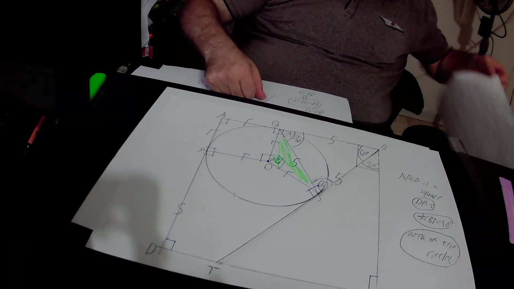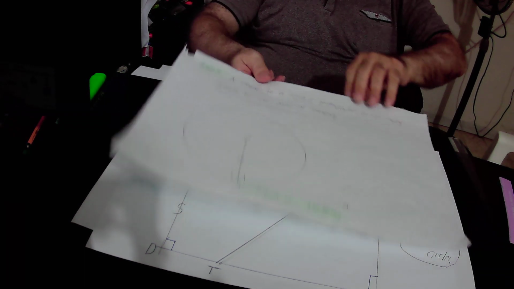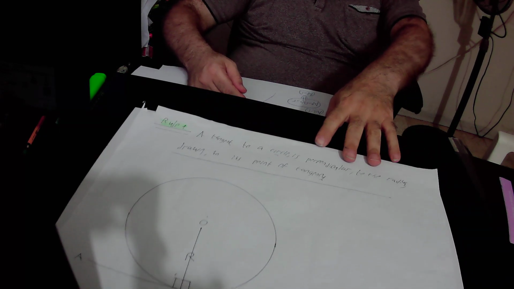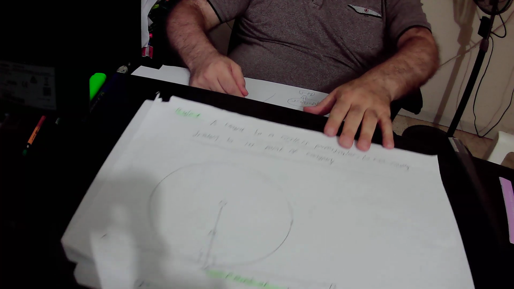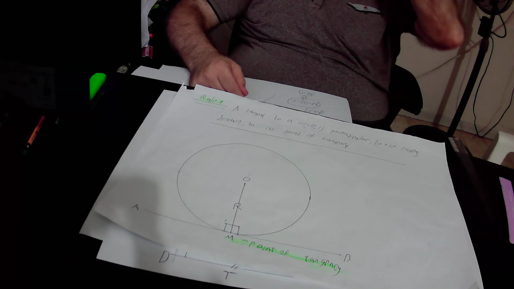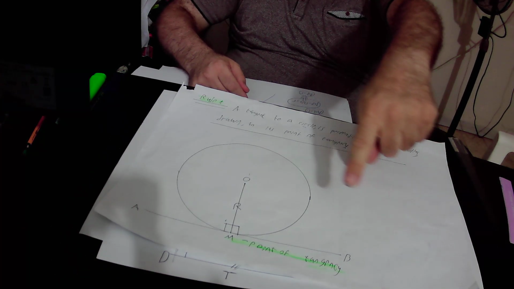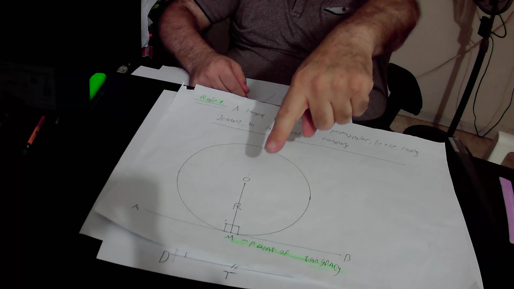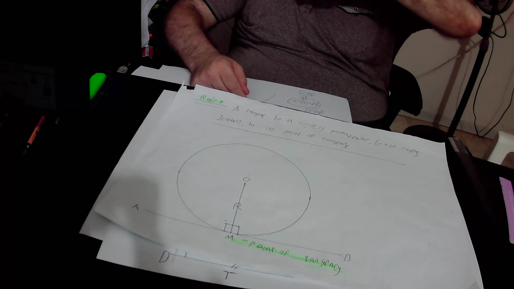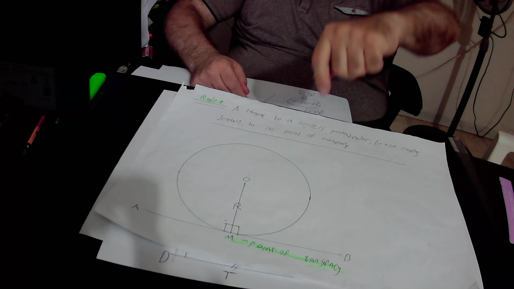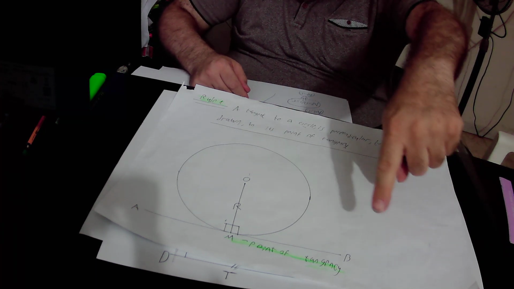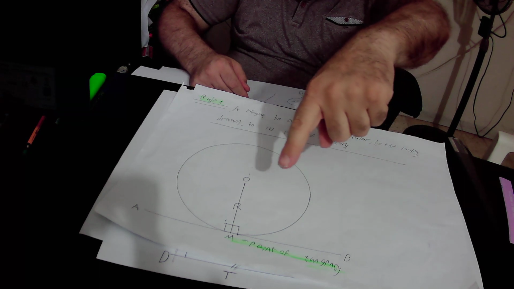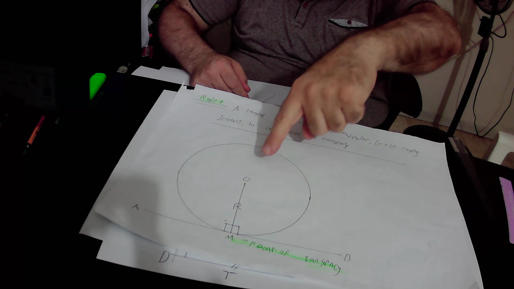according to rule number 1, a tangent to a circle is perpendicular to the radius drawn to its point of tangency. Here we have tangent AB that is tangent to this circle at point M. And we have the radius MO that is drawn to the point of tangency, therefore tangent AB will be perpendicular to the radius MO.